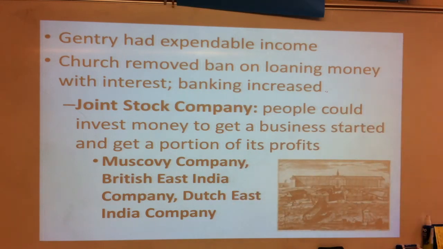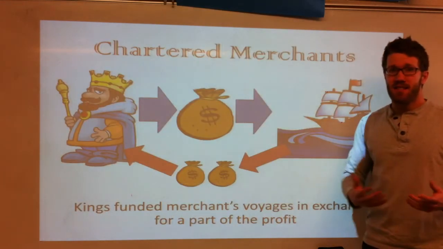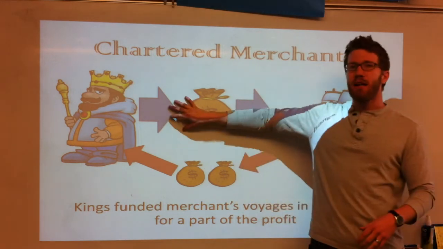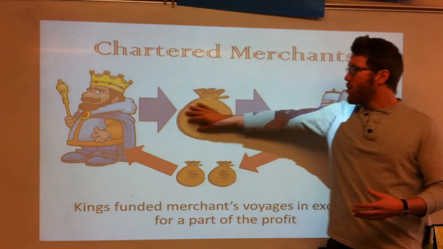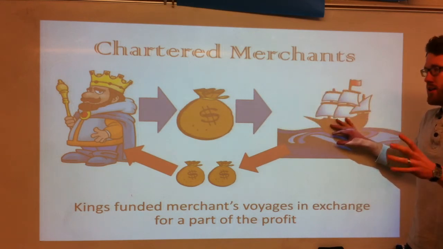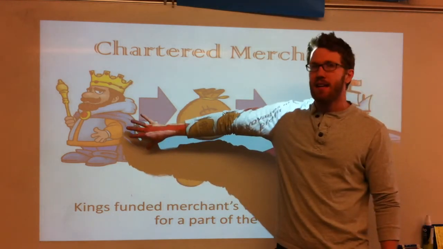But to explain this a little bit more, before, the way that businesses or trade happened is that it was chartered. The king would give money to an explorer or a merchant who would then get on a ship, this is the business, okay, and go trade goods. Now, whatever profit that they made, they had to give a portion of that money back to the king.